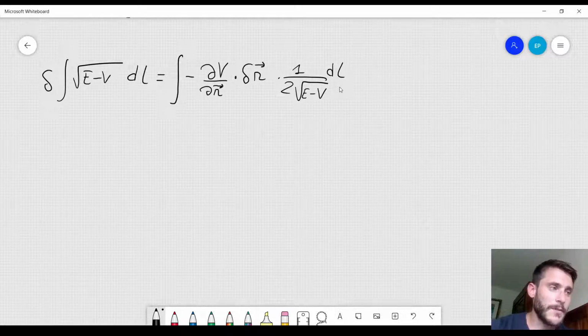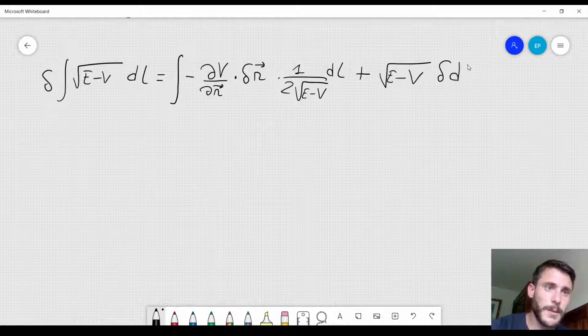And I also have to vary this dl here. This dl changes if I change dr. So I have plus square root of (E minus V) times the variation of dl. And we have to find this variation here.